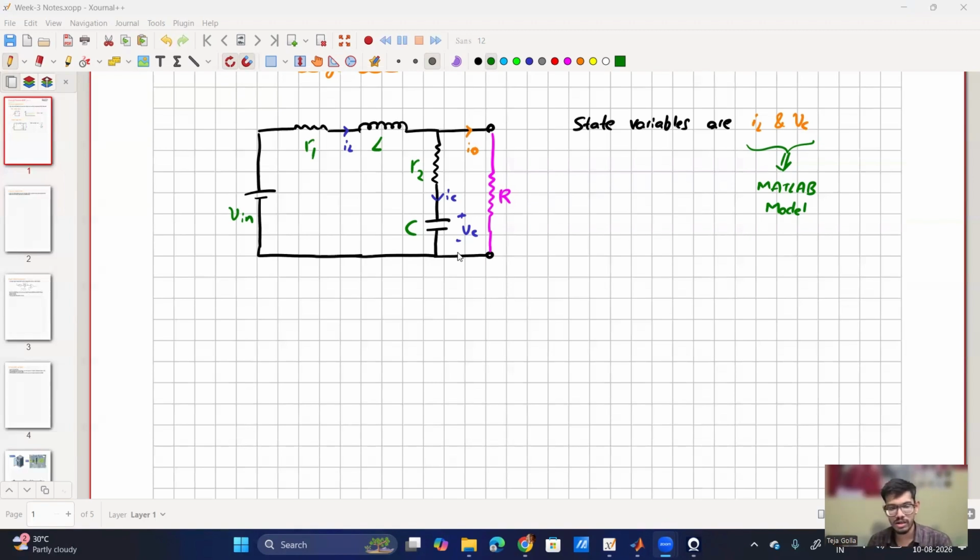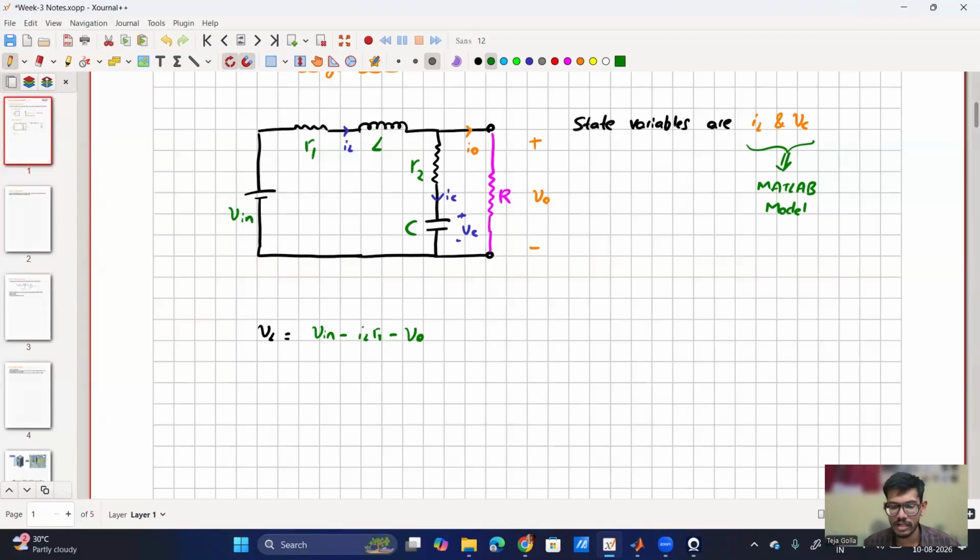So let us start with the inductor. Voltage across the inductor, what is it? Let me call this output voltage V0. So now VL is nothing but Vin minus IL into R1 minus V0. Agree?